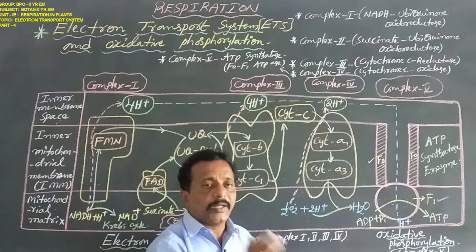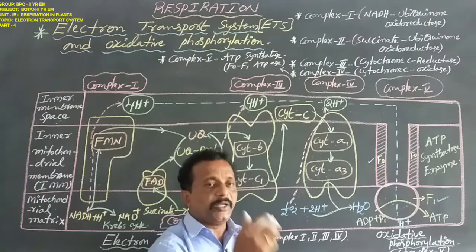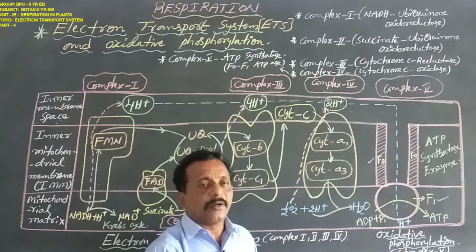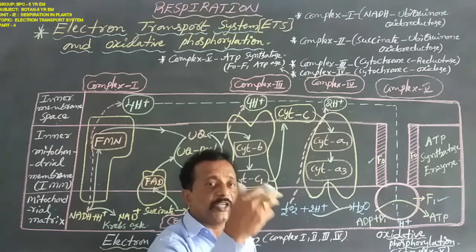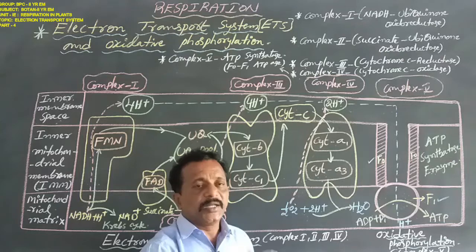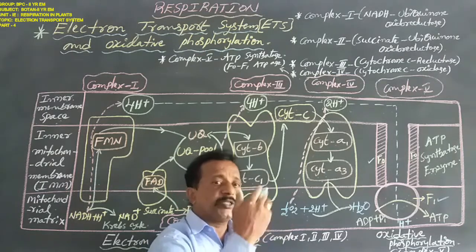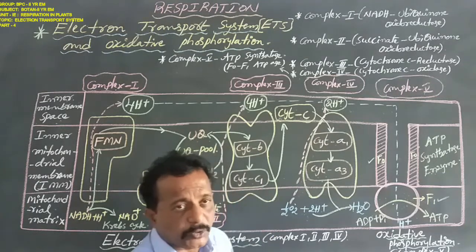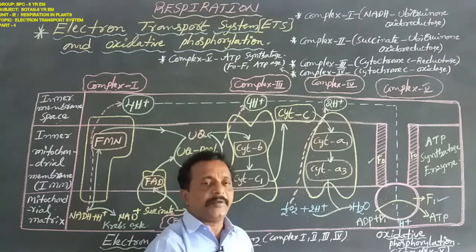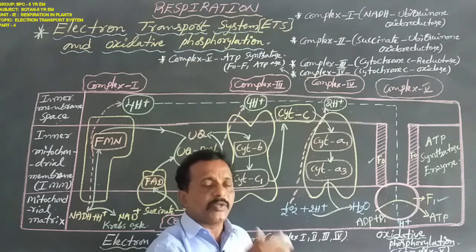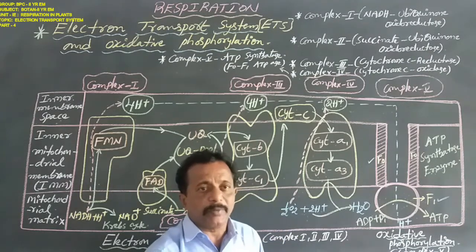But in the Krebs cycle or citric acid cycle, oxidized NADH2 forms 3 ATP molecules each time, that is, 1 NADH2 equals 3 ATP molecules, and oxidized FADH2 forms 2 ATP molecules, that is, 1 FADH2 equals 2 ATP molecules.